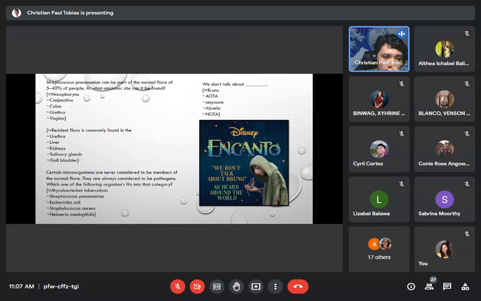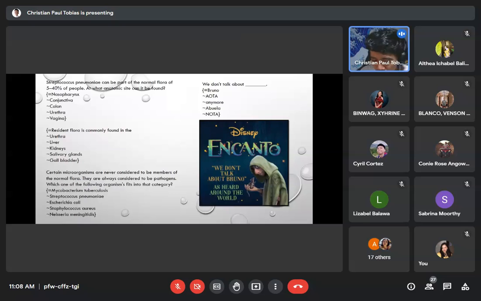Okay, resident flora is commonly found in urethra, liver, kidney, salivary gland, gallbladder. Hindi, mali. So, certain microorganisms are never considered to be members of normal flora. So, they are always considered to be pathogens. Which of the following fits in the category? So ano yung pathogenic dito? Mycobacterium. MTB.